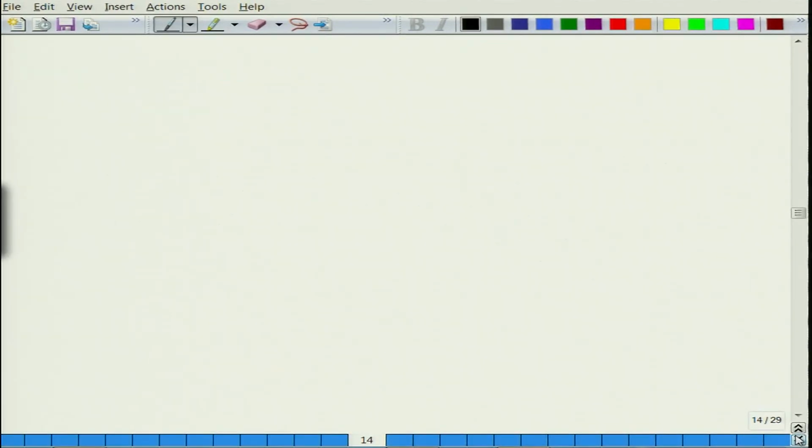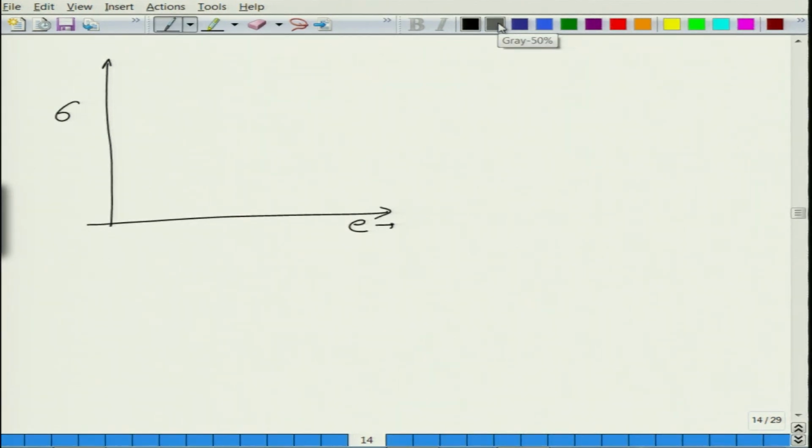So, for example, if you make a plot of elastic strain of, let us say, a crystalline solid, sigma versus E, this is basically an engineering stress strain plot.